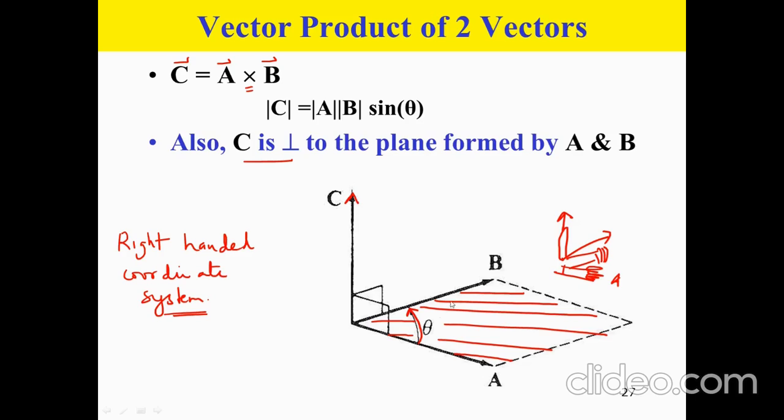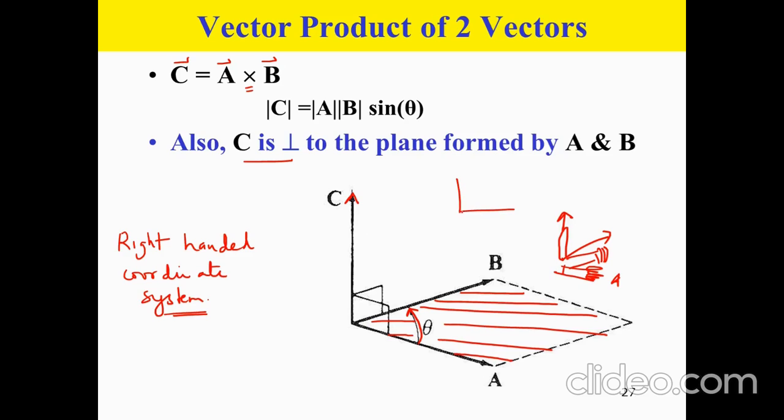Any two vectors like a and b form a plane, and this resultant vector c, which is the cross product of a and b, will be perpendicular to the plane formed by a and b, and the direction will be given by the right-handed coordinate system.